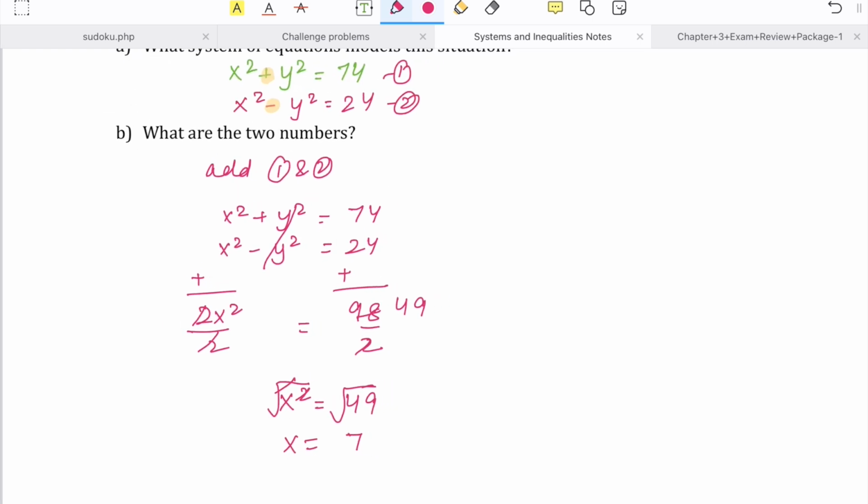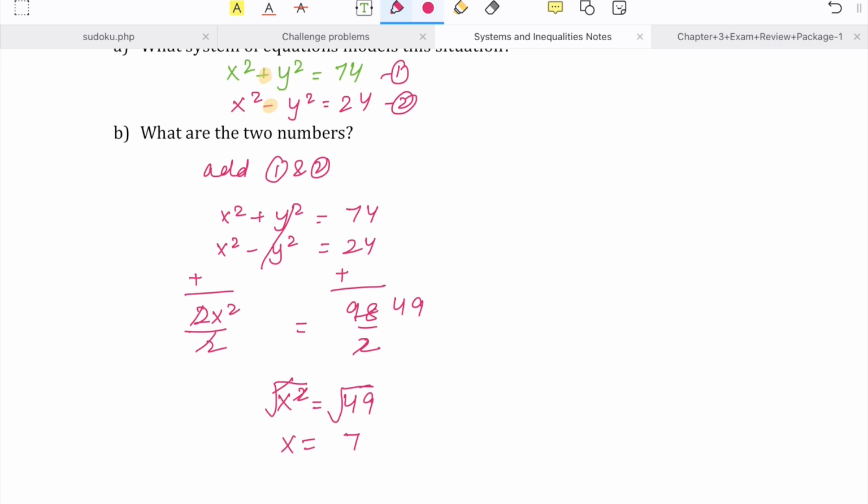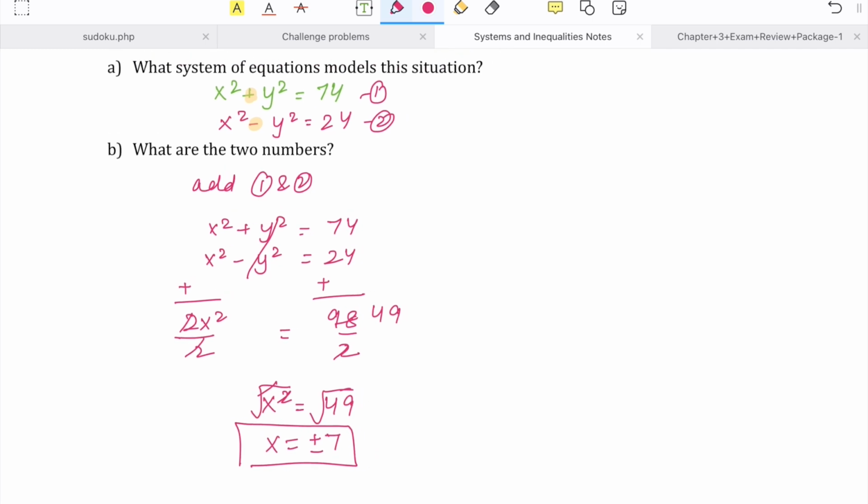Is that it? No, it's plus minus 7. Always remember that. Don't forget about the negative, right? Now that I have that, I'm not done yet. I still need to find my y value, right? So we can sub it in 1 or 2. Let's do 1. Doesn't really matter.